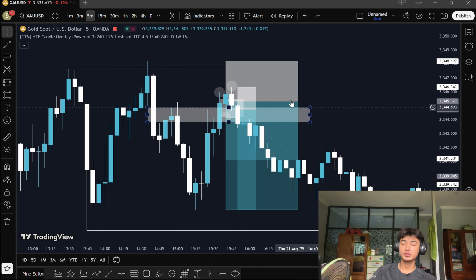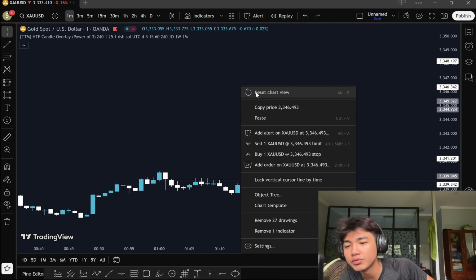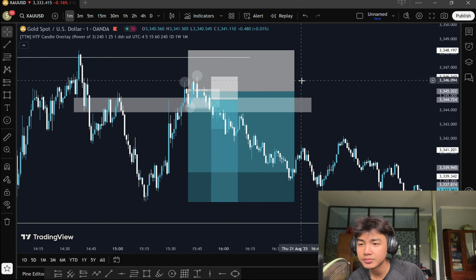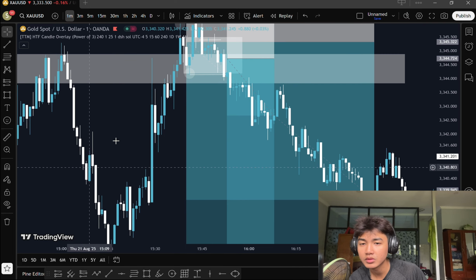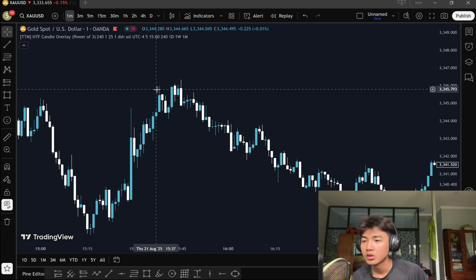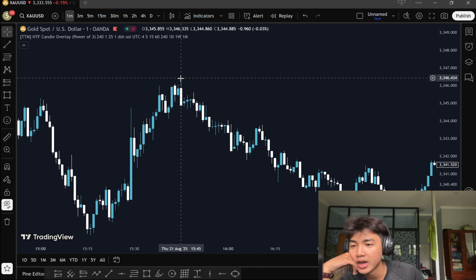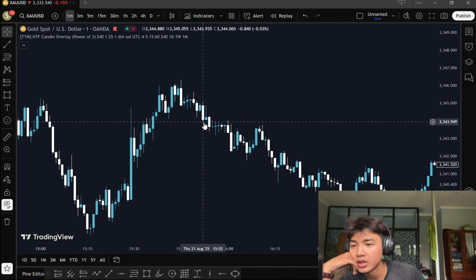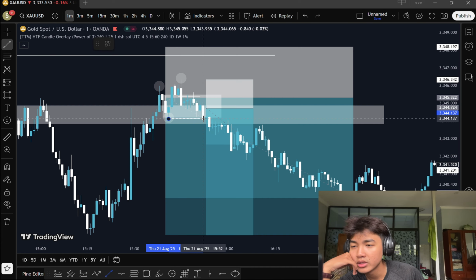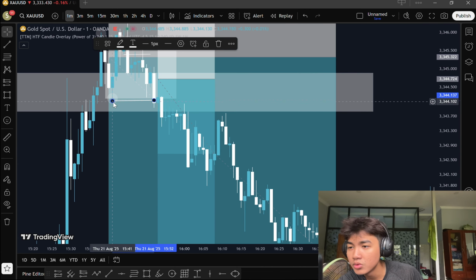So for the other trade, I look at the 1 minute to confirm it's really going to go down. As you can see here, the market has made a high, low, high, and then low, and then the candle has closed below here.